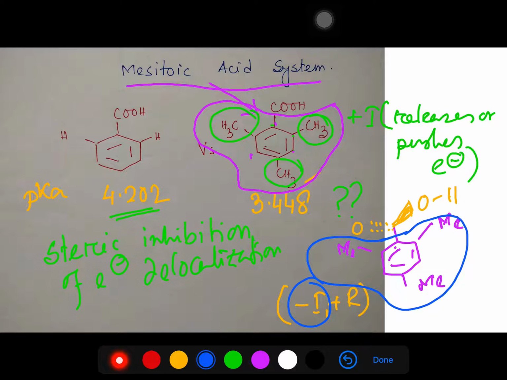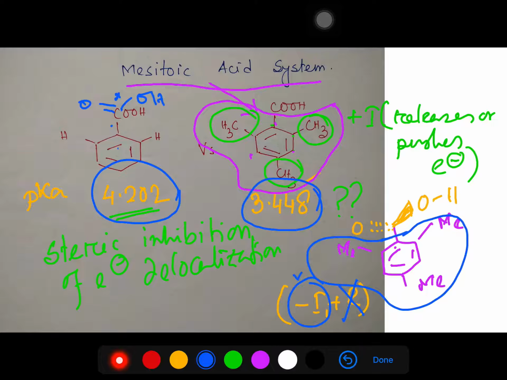Because of out of planarity and no conjugation with the phenyl group, the plus R is absent here, only minus I shows. In benzoic acid, the carboxyl group is in plane with the pi cloud. Consequently, this cloud could be donated somewhat to the carbonyl carbon, which reduces its electron deficiency, resulting in relatively lesser acidity as well as a higher pKa value compared to this one. So this is the basic thing.